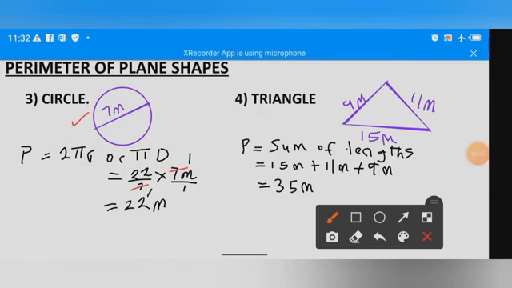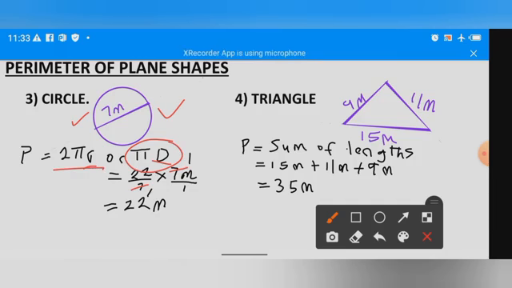Now that we know what radius is and what diameter is, we'll see from this circle that we were given the diameter. Based on that, we are going to make use of this formula. We could also use this.